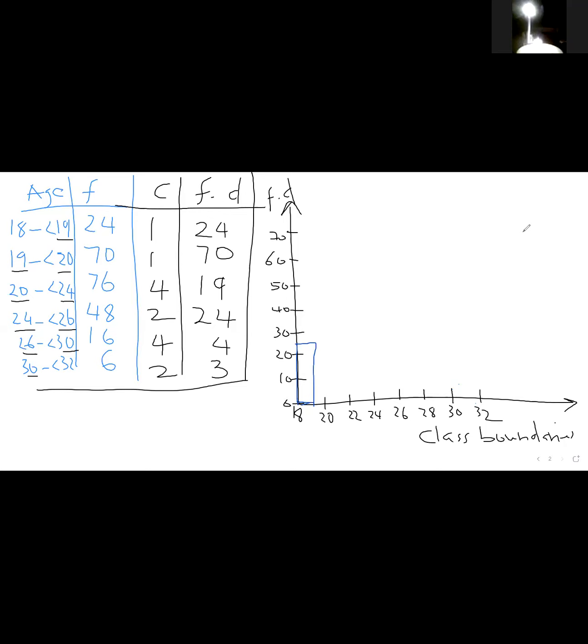Now the other one is 70. So from 70, we have that to this, then it's 20. So we must bring it up to 20 here. Then you have 19 for 20 to 24. So 19 is below 20. If you're using a graph book, you'll see your things are very clearly marked.